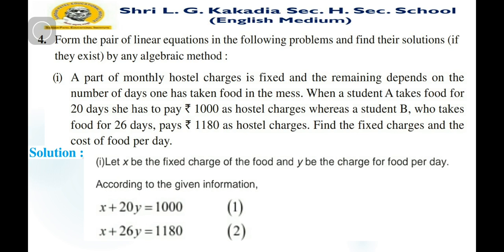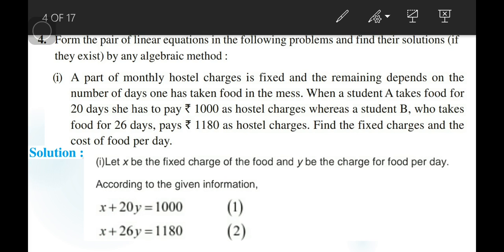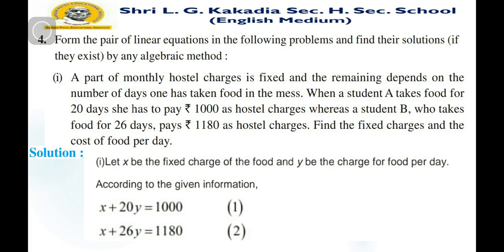According to the given information, for A we get X plus 19Y is equal to 1000, and X plus 25Y is equal to 1180. Here there was a mistake, it is 25Y. So let me solve it.